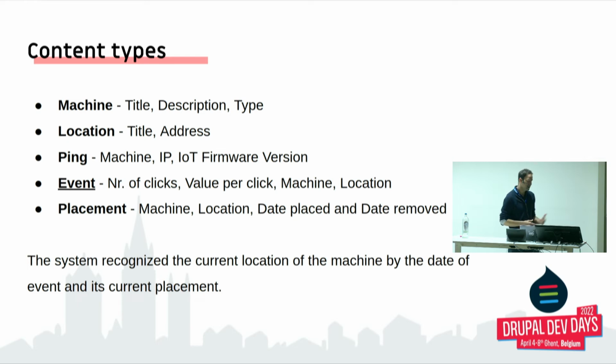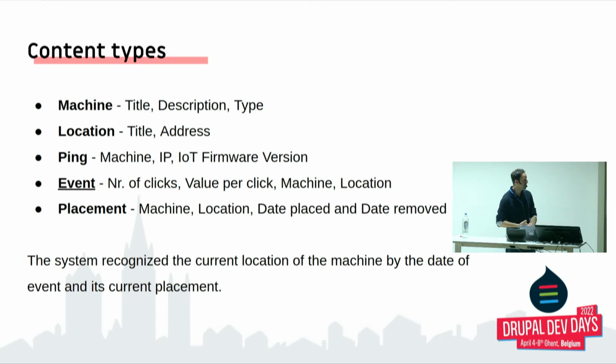It has a description, not mandatory, of course, and a type. For example, we can separate them between types like coffee or vending machine or amusement machine, whatever. It has a location. So we have a location which usually has a title. Maybe it's called some kind of bar, and it has an address.